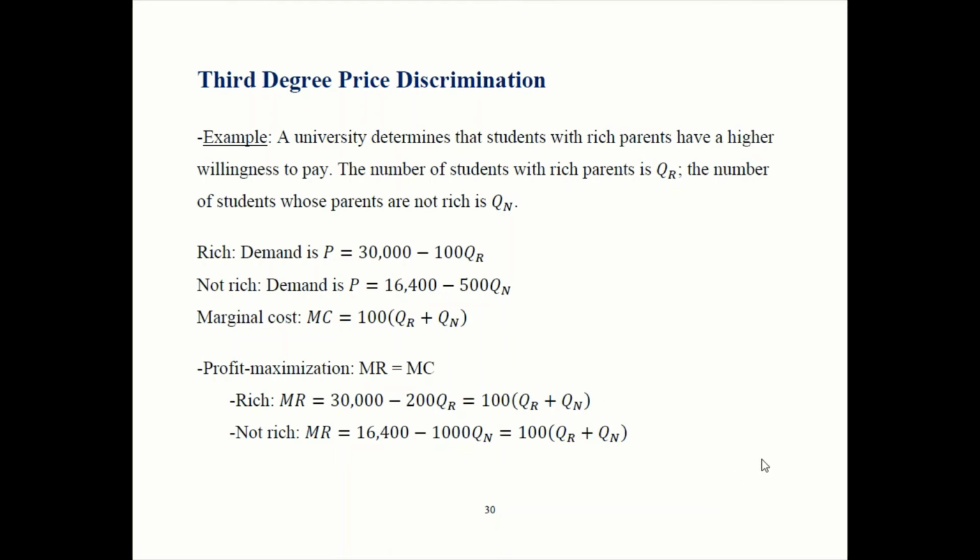For the students whose parents are not rich, we have their marginal revenue curve as before, and we also set that equal to the marginal cost of 100 times the total quantity of students. So we have two equations here, and we have two unknowns we're solving for. We're solving for QR and for QN. So let's go through that algebra.